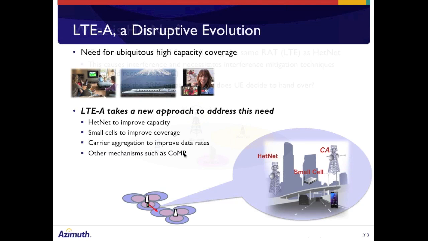But essentially, what you need to take away from this slide is the fact that going from LTE to LTE Advanced is a huge disruption, not just disruption at a physical layer. It is a fundamental paradigm shift in terms of how the network is deployed. So with that, I'll hand it over to Charles, who will talk about HetNet and some of the HetNet interference mitigation algorithms.